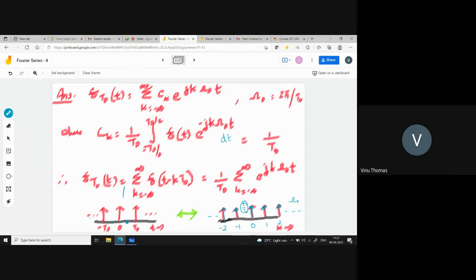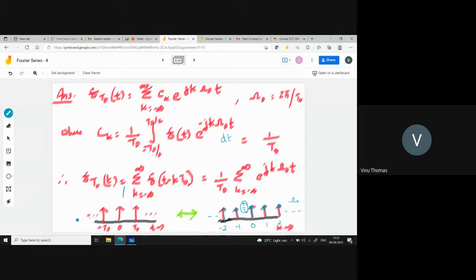Now, Alvin, you can also tell me what will happen if the lines in the impulse train in the time domain come closer to each other. If the separation decreases, that is, if T0 is reduced, what will happen to the separation between the lines in the line spectrum? Increases. Why?